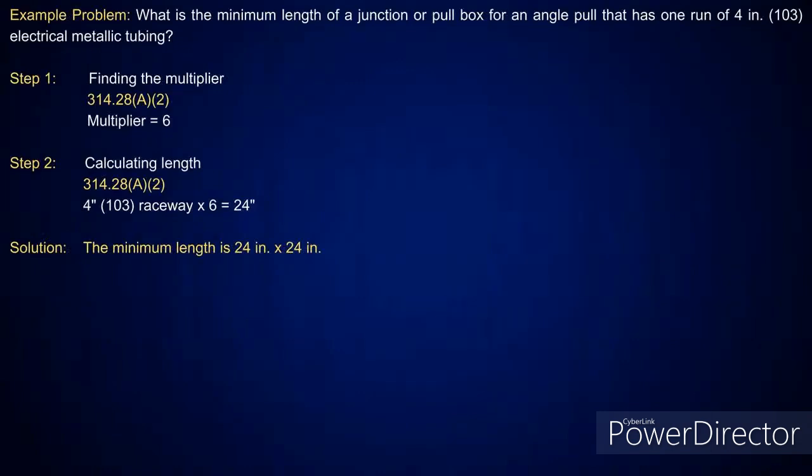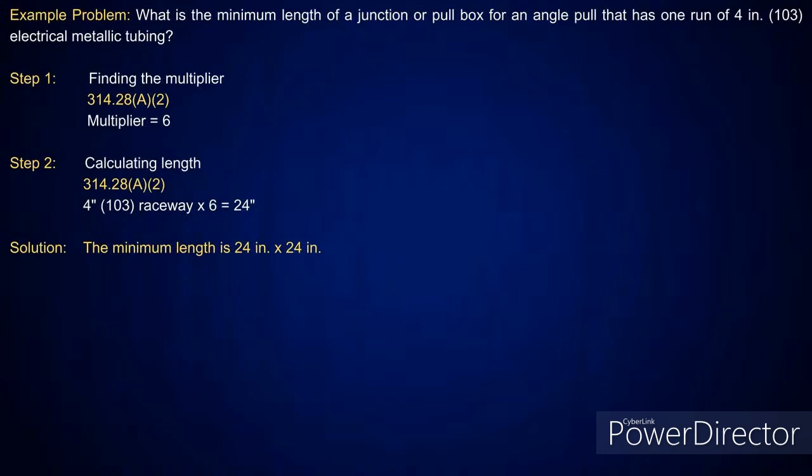All right. Now, here's an angle pull. I said the multiplier is going to be 6. In this case, I've got one run that's 4 inches. So I'm going to be coming at an angle. We'll just say I'm coming from the right side of the box to the bottom side of the box. So I'm going to angle over to that pull. In order to have enough length in there, I'm going to multiply that by the multiplier 6.